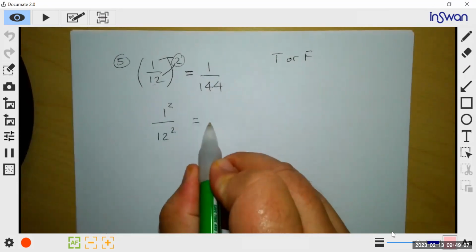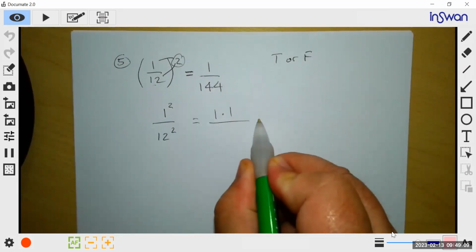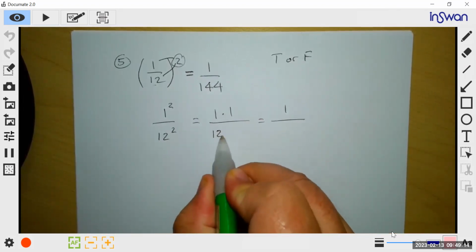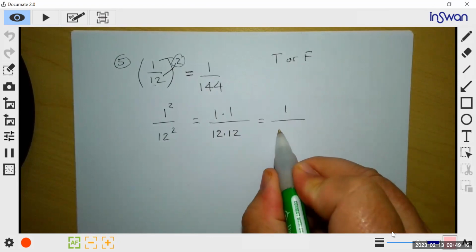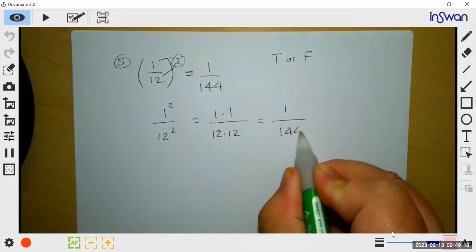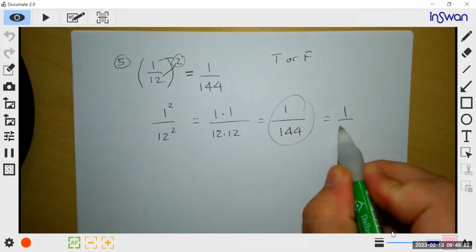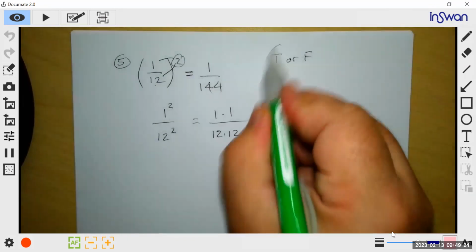What does 1 squared mean? 1 times 1. What is 1 times 1? 1. 12 squared means 12 times 12. What is 12 times 12? So this equals that. So it's true.